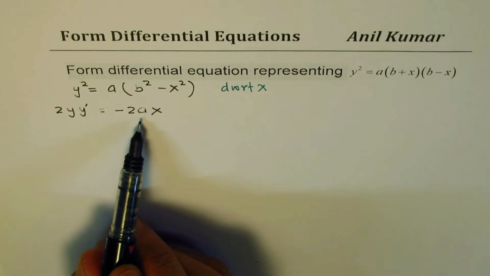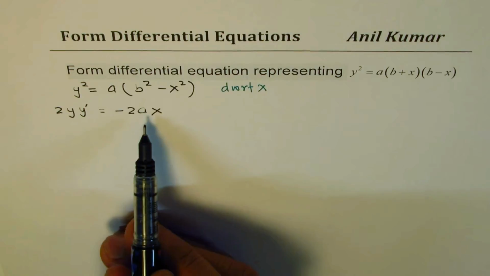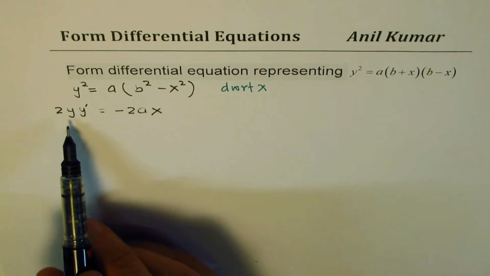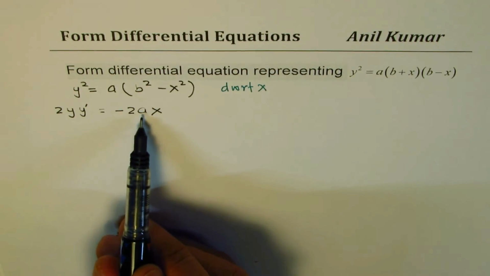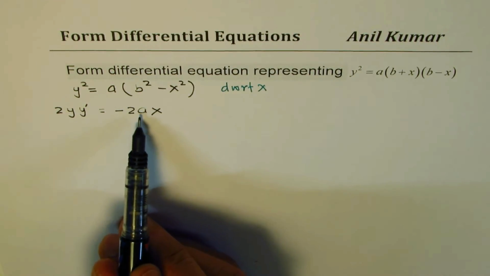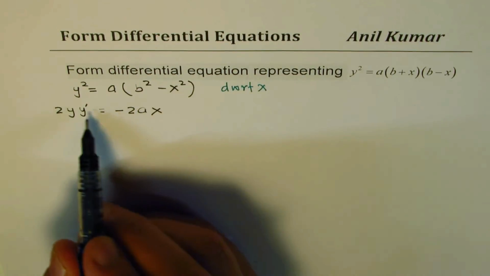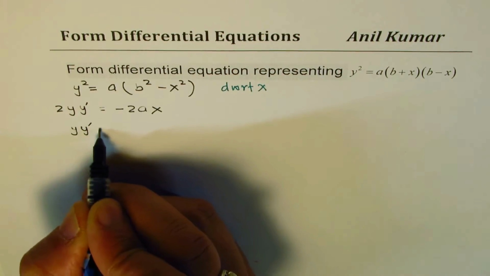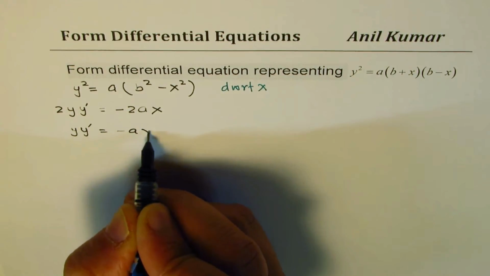Now, it is a good idea to rearrange and then differentiate. So this is a slightly different strategy. Normally, you will do the second derivative, eliminate a, but here what we will do, we'll rearrange to eliminate it, right? So you could actually first write this equation as y y prime equals minus ax.